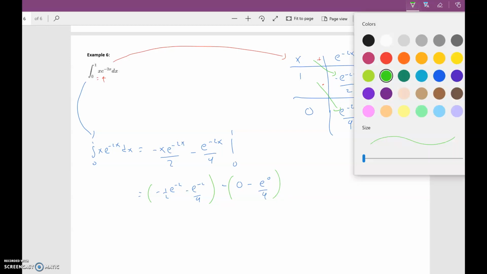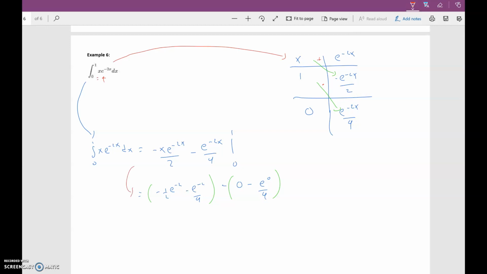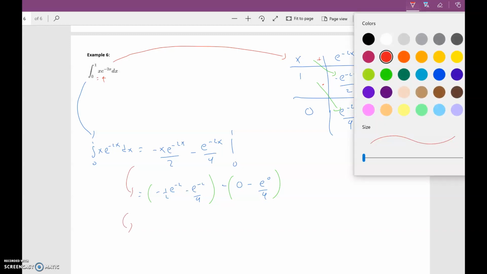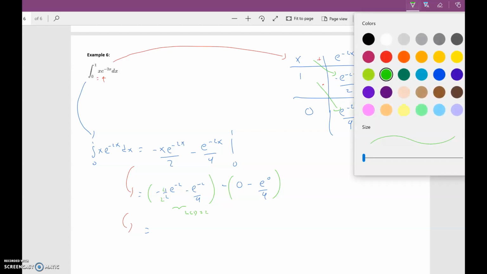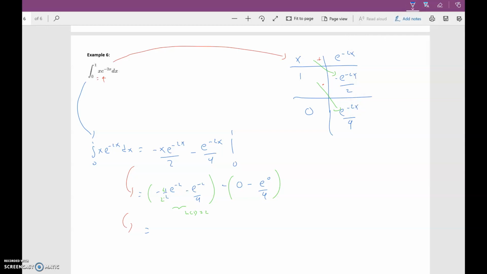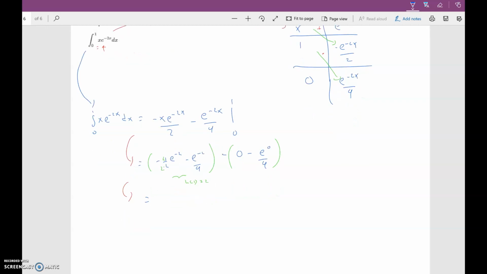So we're looking at the following problem. Okay, so we're going to need an LCD here, which is 2, so multiply times 2 and times 2. And this is going to give us a negative 2 minus 1, which is a negative 3.